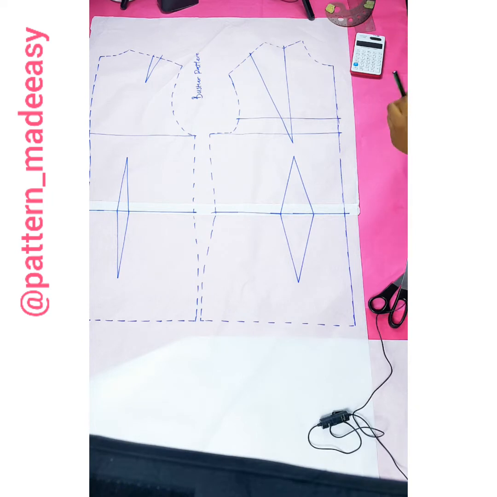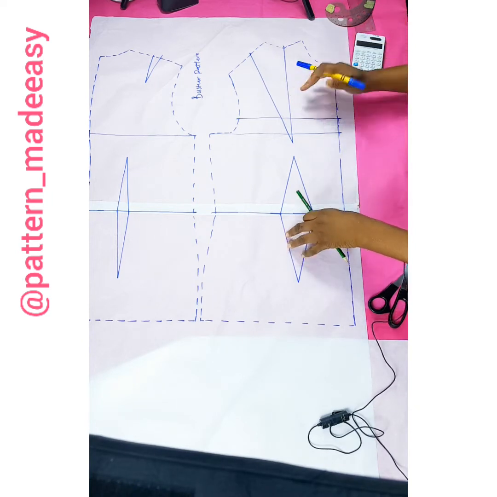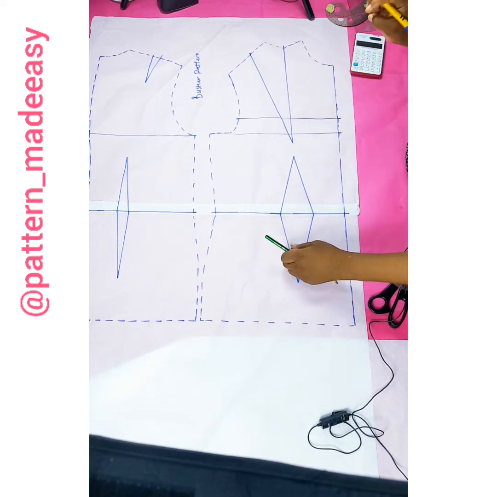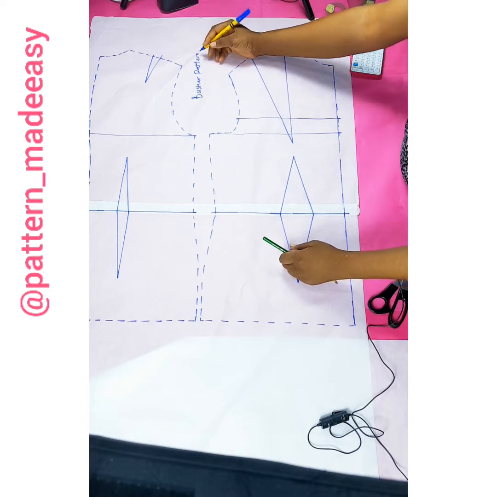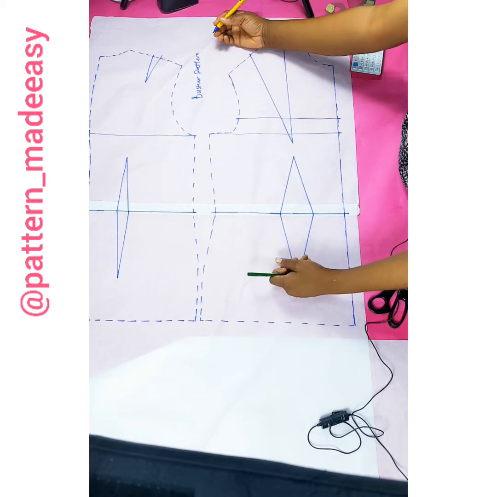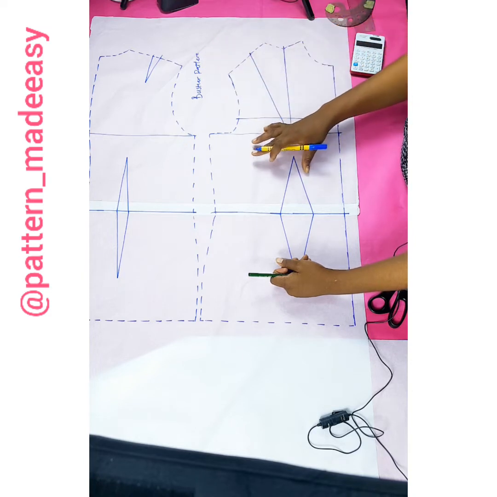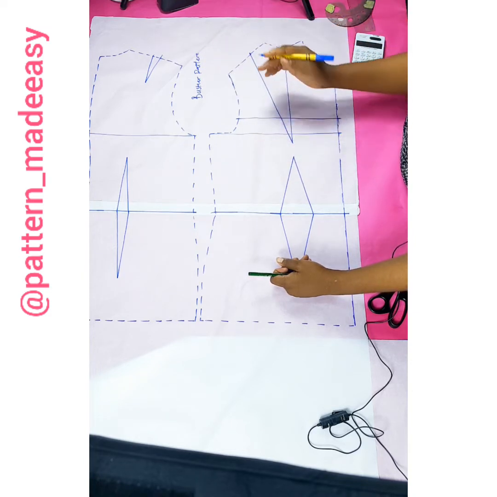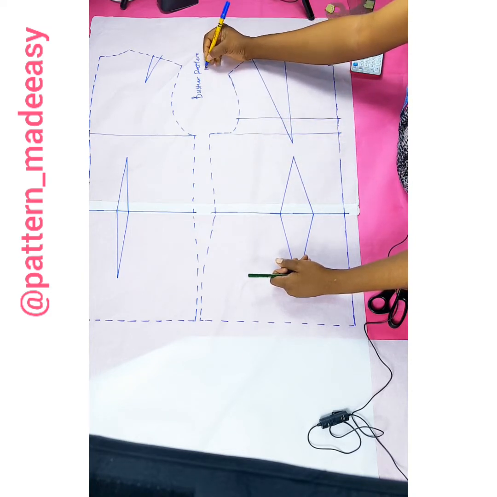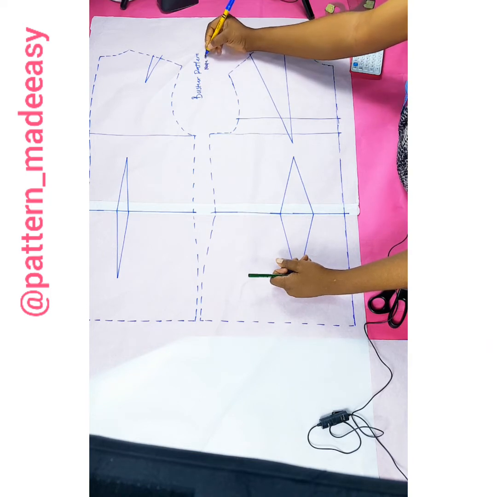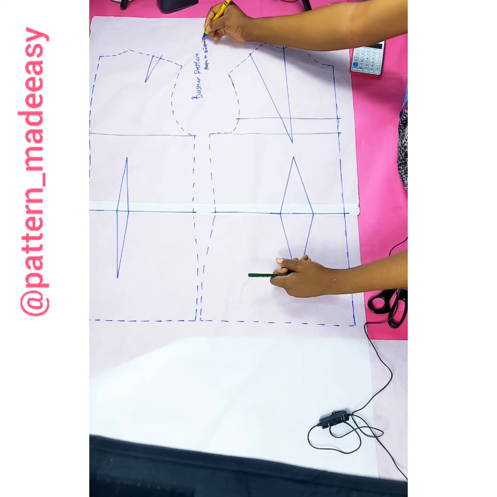So now the first thing, we have some supplementary measurements that we need to use when drafting a bustier. Those are: we need nape to bust point, which is also the napes.